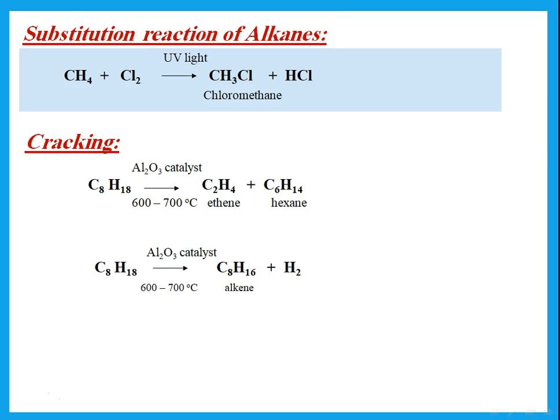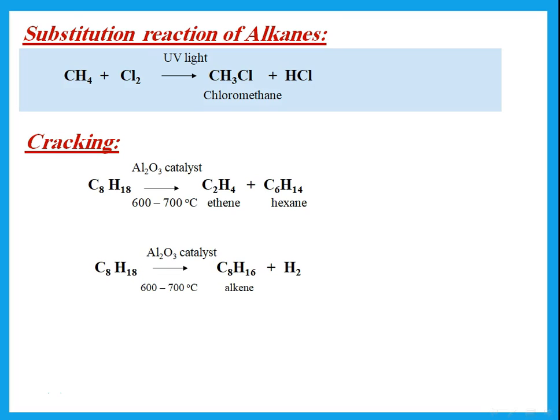Now, the other question is, what are the conditions for cracking? For cracking to happen, I need to use a catalyst, aluminium oxide, or remember that Al2O3 is called aluminium oxide or alumina. And very high temperature, and you have to specify 600 to 700 degrees centigrade.